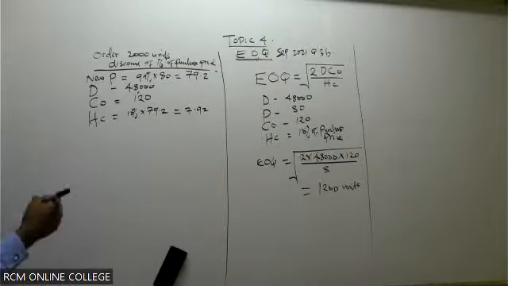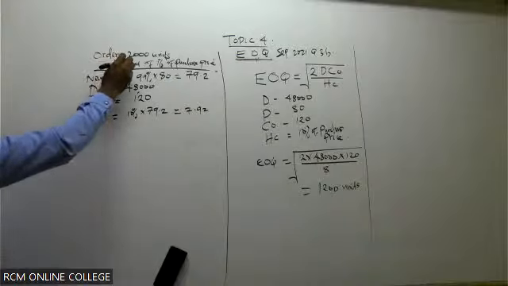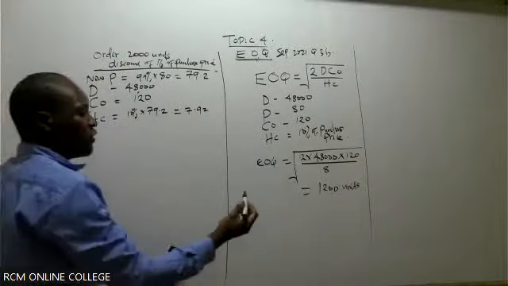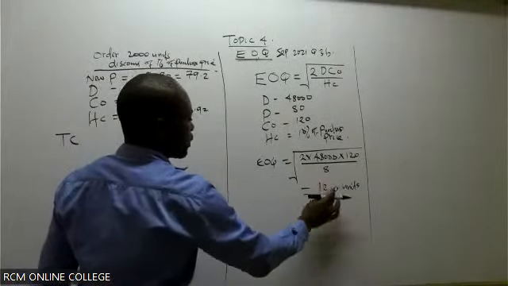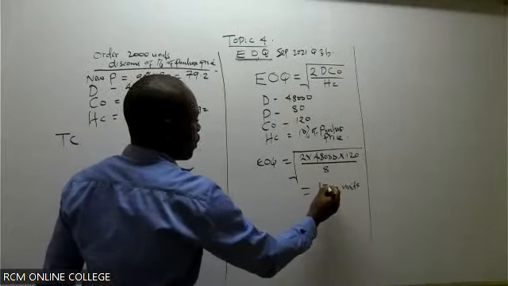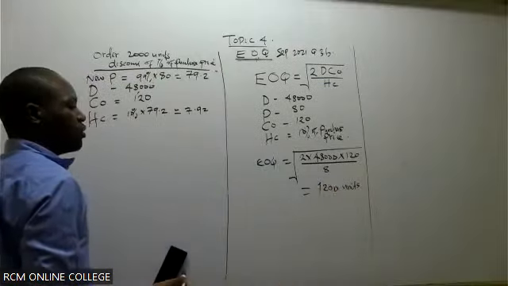Now, what they are basically asking you to do is give us the total cost when we order 2,000 units, and the total cost when we order 1,200 units. What will be the most effective quantity for us to minimize cost?